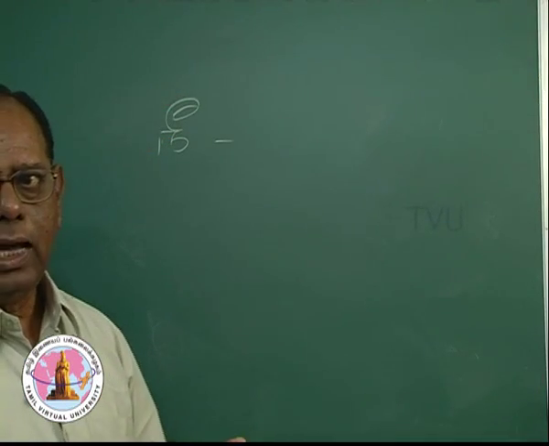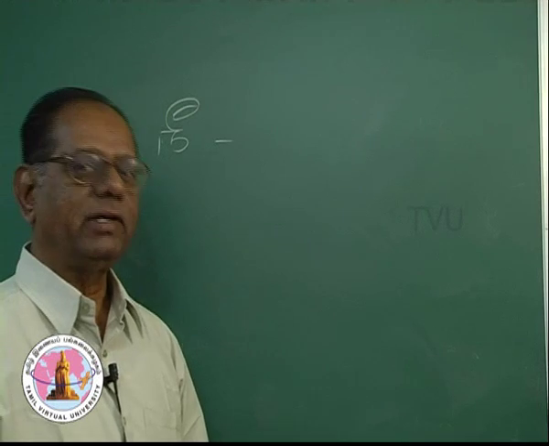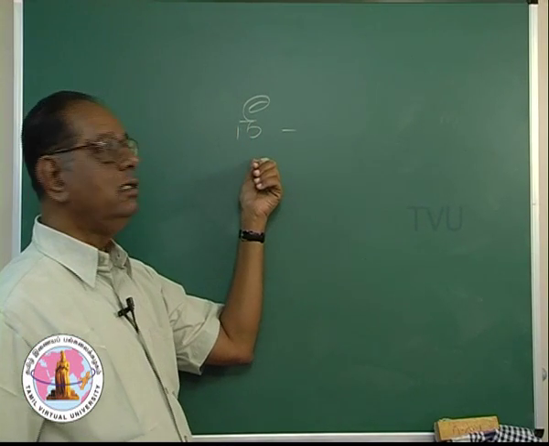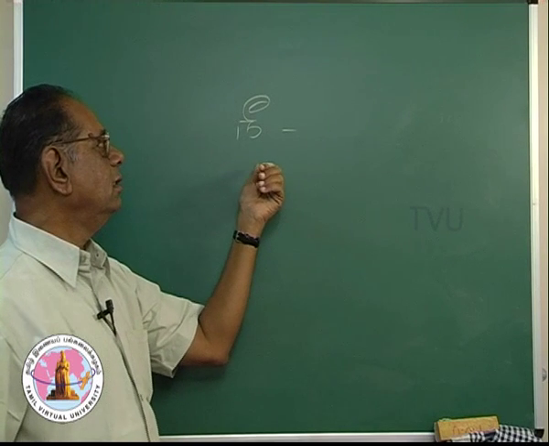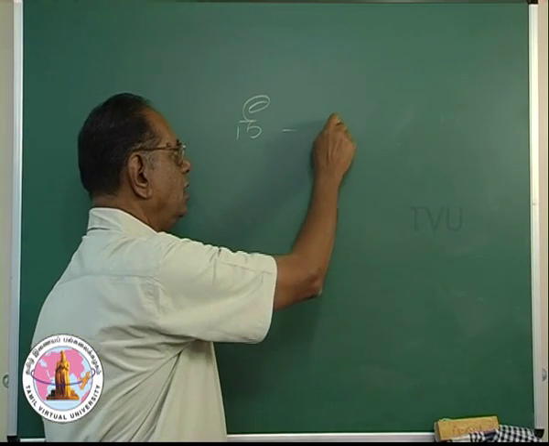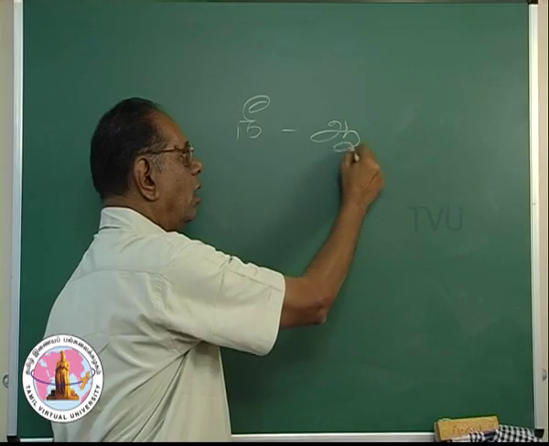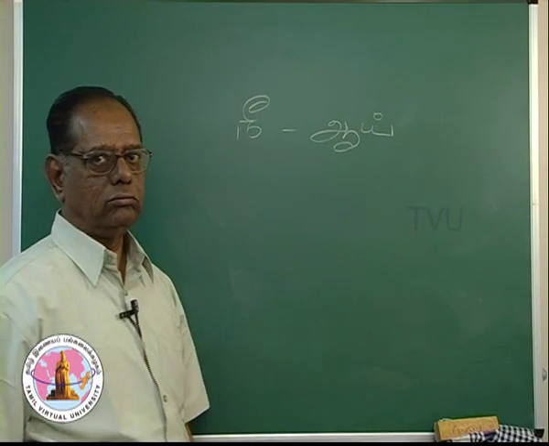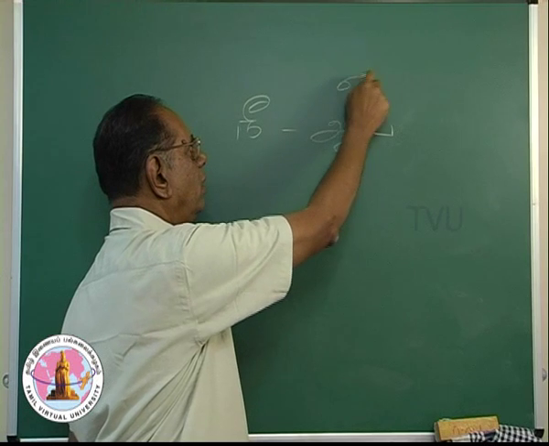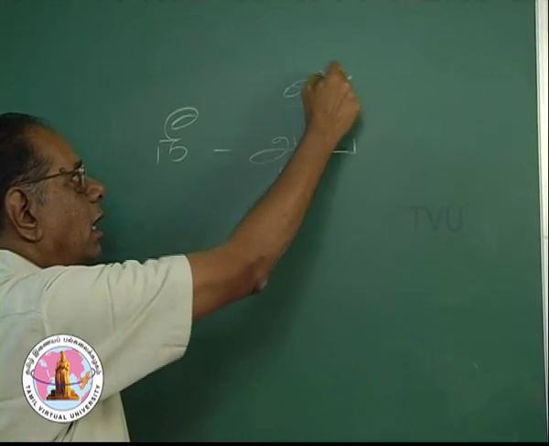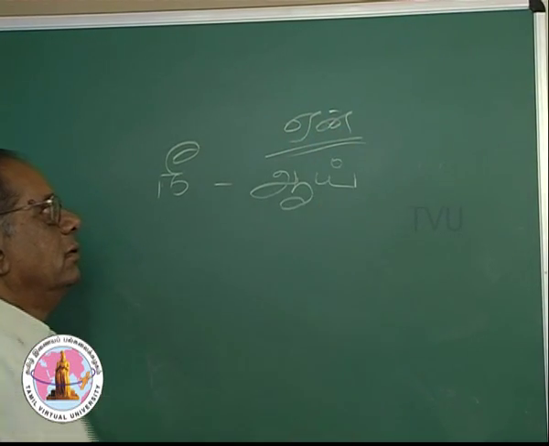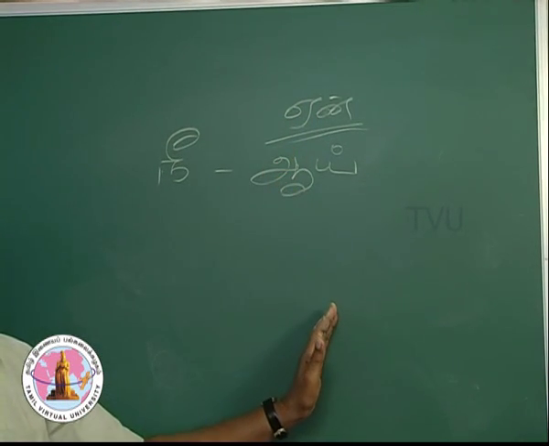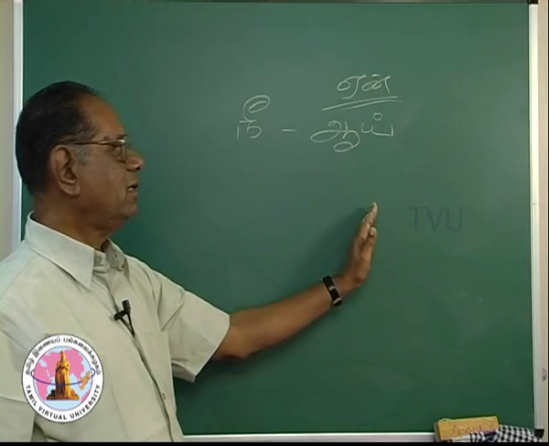Now, I move on to second person. Second person singular is nee. The person marker for nee would be ai. If you remember it, it's enough. You go on changing the last part of the verb, that is the person marker.